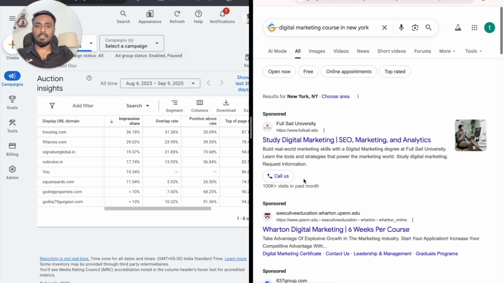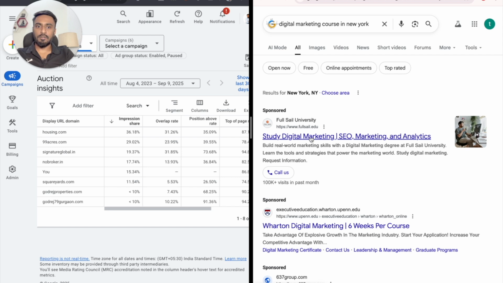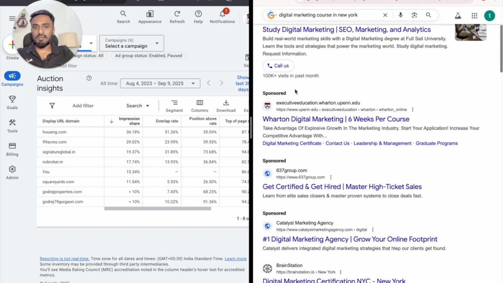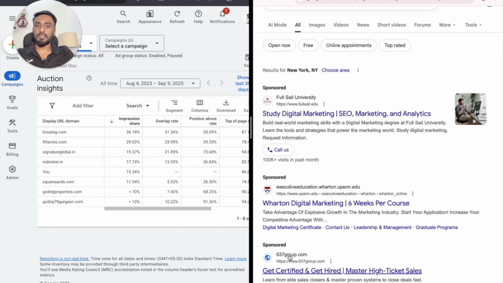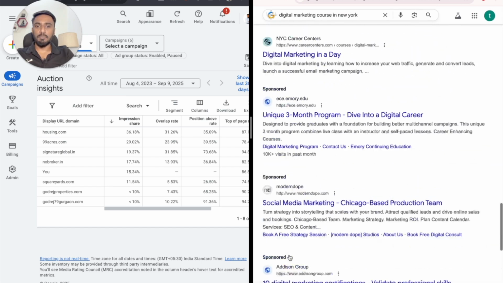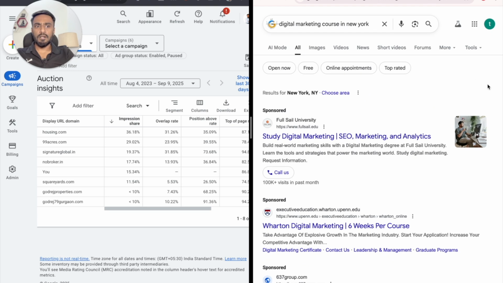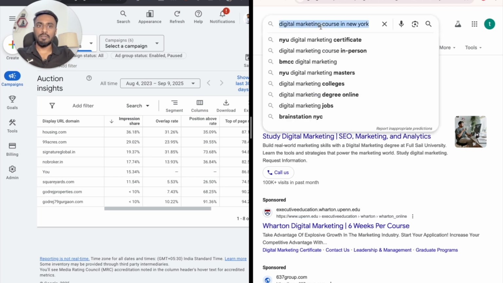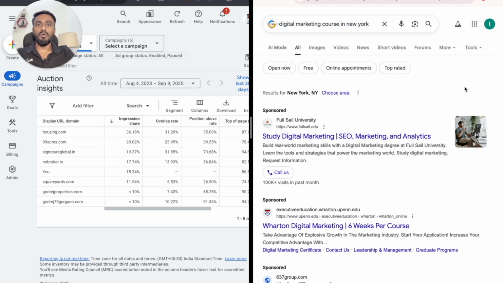Let's assume that our website is xyz.com, but if you can see right now, our website xyz.com is not visible under any of these sponsored ads, and not even at the bottom. Now the ad is being shown 10 times compared to the 1000 times people are searching on Google. In that scenario, your impression share becomes 10%.